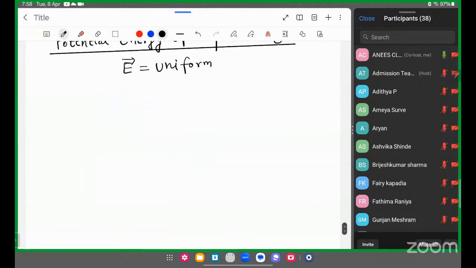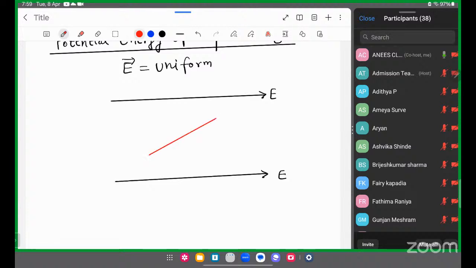In this case, let's say this is electric field E, a uniform electric field, and there is a dipole which is placed inside the electric field. Let's say this is minus Q and this is plus Q, and we have to find out the potential energy if this dipole is rotated by an angle of theta.